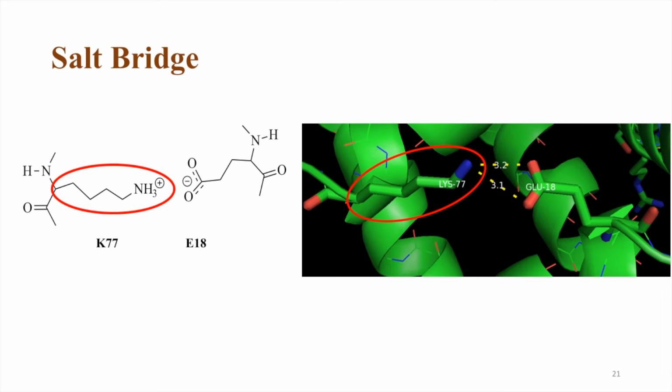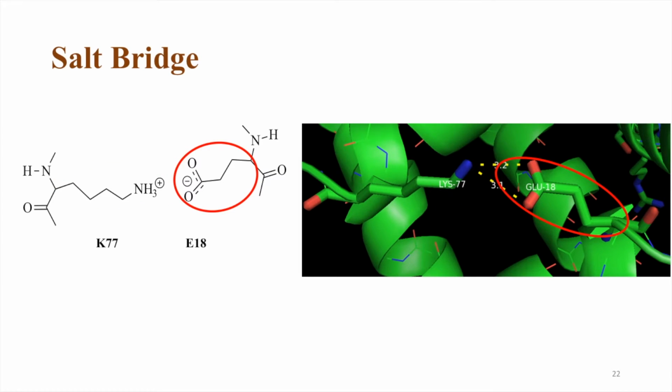In the three-dimensional structure of the protein, lysine and glutamate were highlighted as stick figures. The blue end of lysine represents the presence of a nitrogen atom at that end. As for the glutamate, the two red ends represent the presence of oxygen atoms.